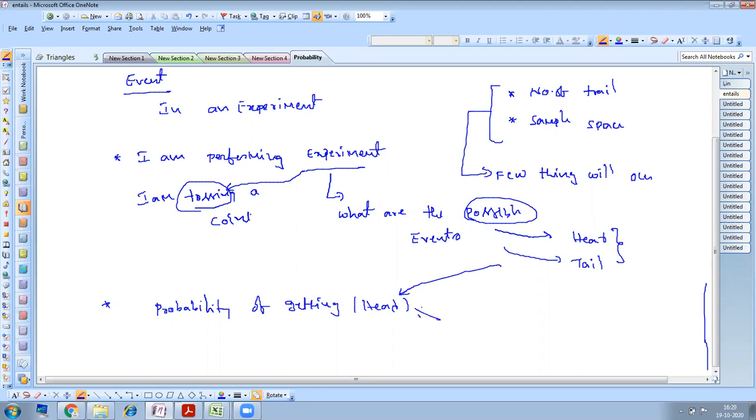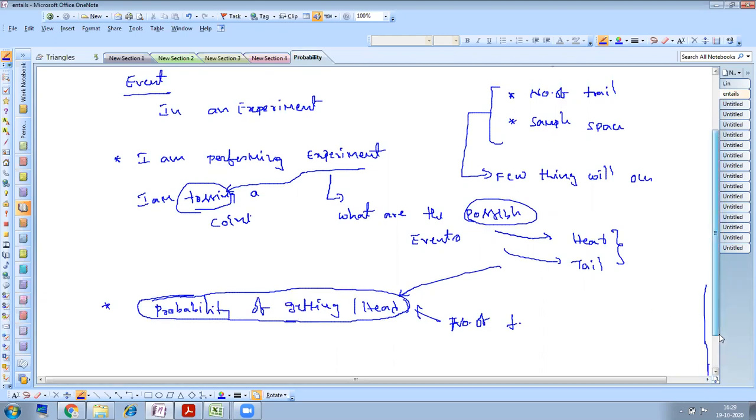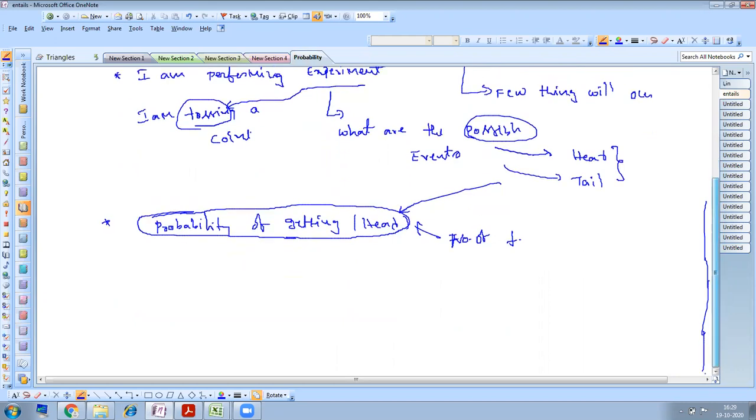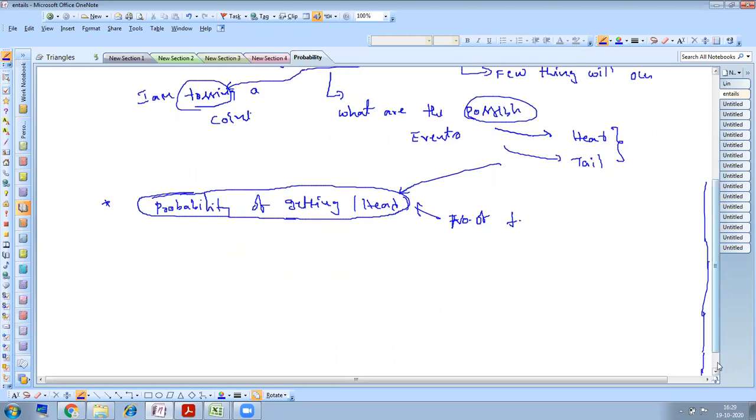This is called the number of favorable events. Whatever the question is asking, that event is called the favorable event. This kind of approach is called the theoretical approach or classical approach. We are having only the classical approach.